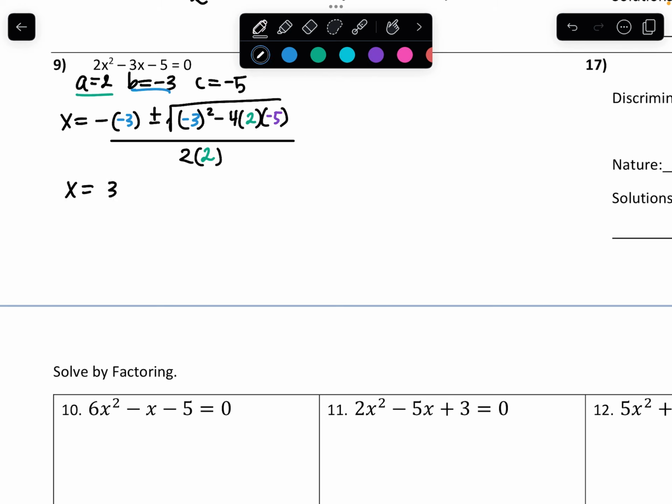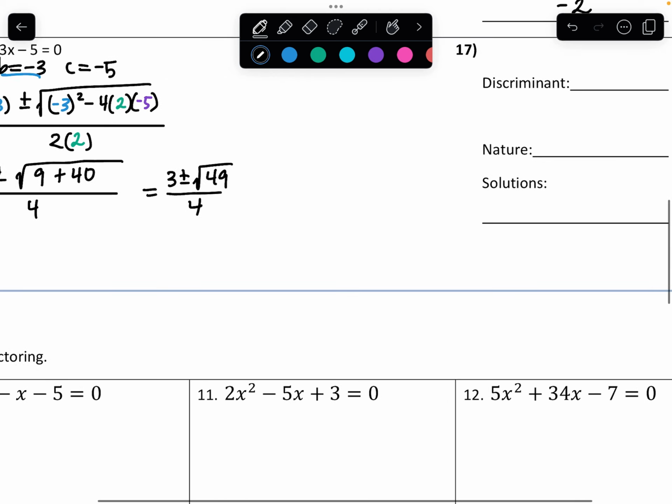So x equals positive 3, square root of 9, and then negative 4 times 2 is negative 8 times negative 5 is positive 40, all over 4. So 3 plus or minus square root of 49 over 4.